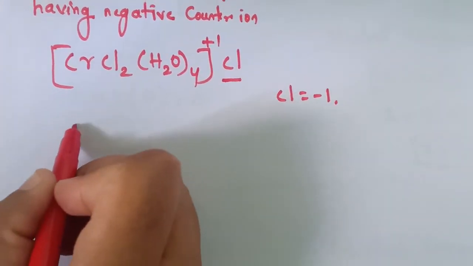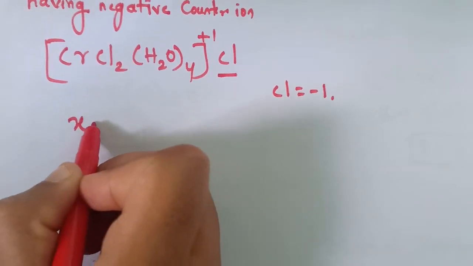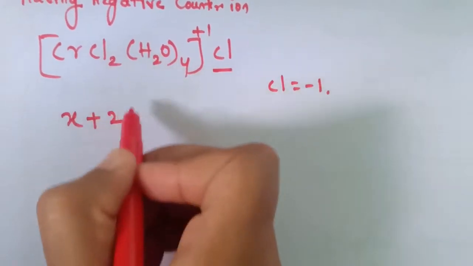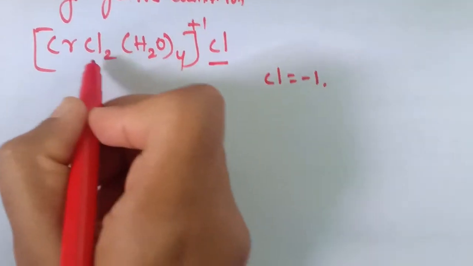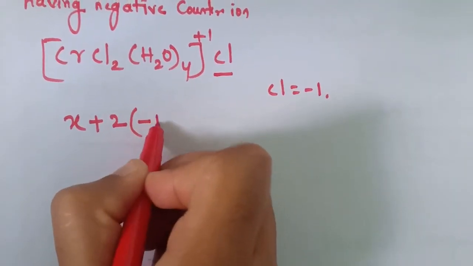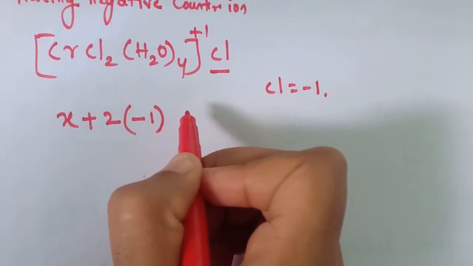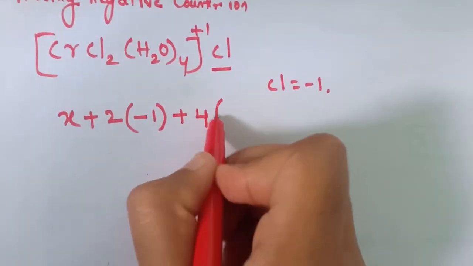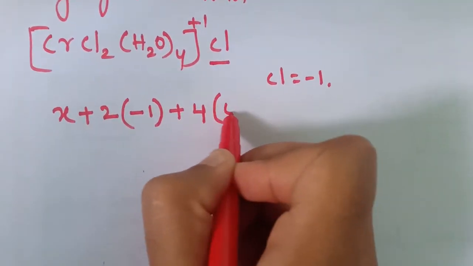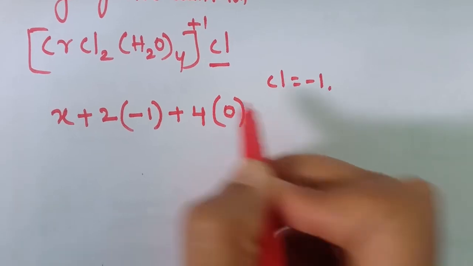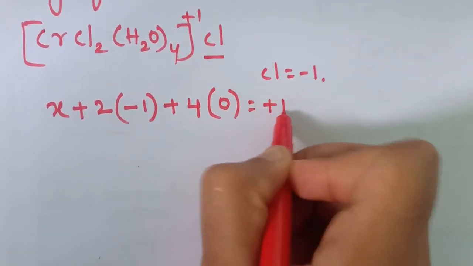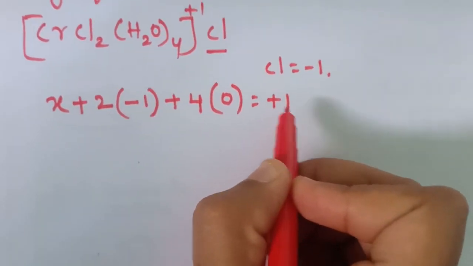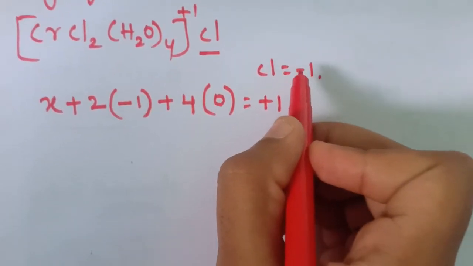We don't know Cr. Let's consider it as X, plus 2 into the oxidation number of Cl, that is minus 1, plus 4 H2O, and the oxidation number of H2O is 0. It is neutral, so that's why it is 0, equals plus 1. That is, the charge on the complex ion is plus 1, exactly opposite of the counter ion.